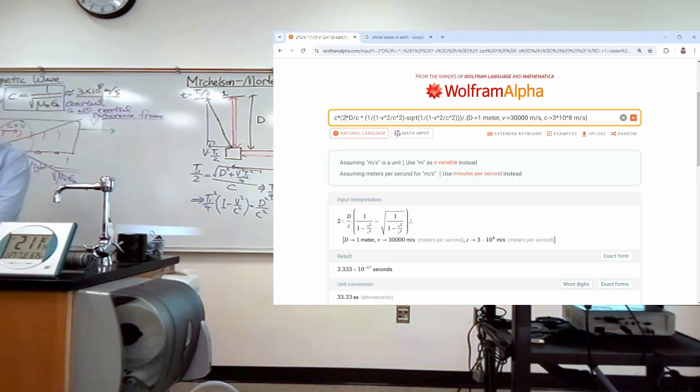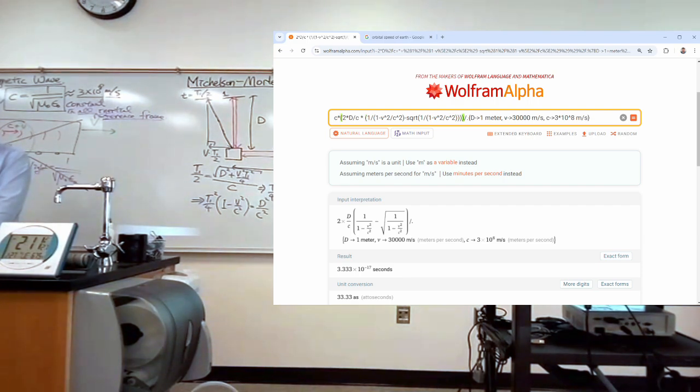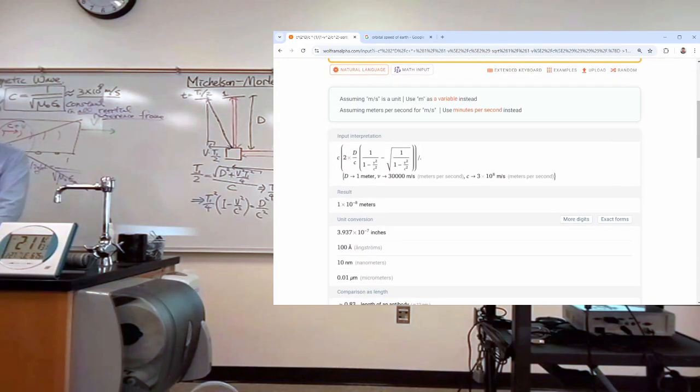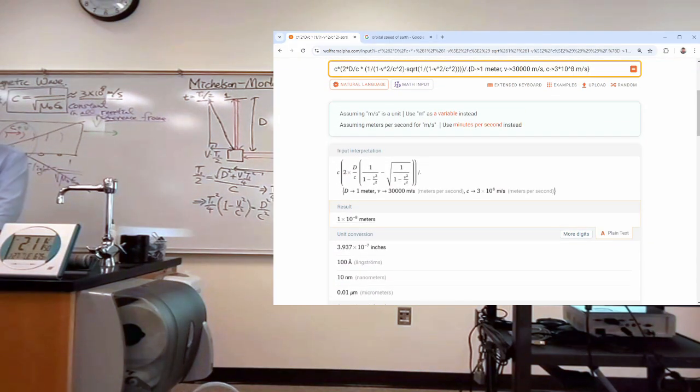Speed of light is 3 times 10 to the 8 meters per second, and for the time, 3 times 10 to the minus 17 seconds. Let's see what that gives us. So about, I should have done this number ahead of time, 9 nanometers.